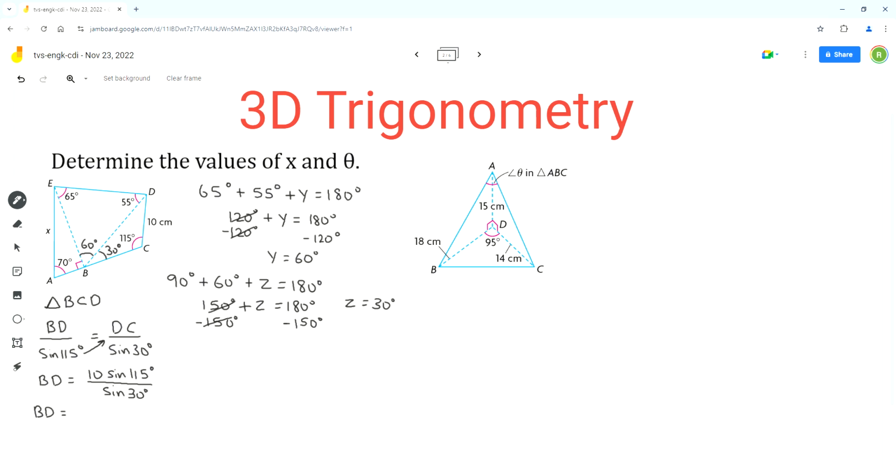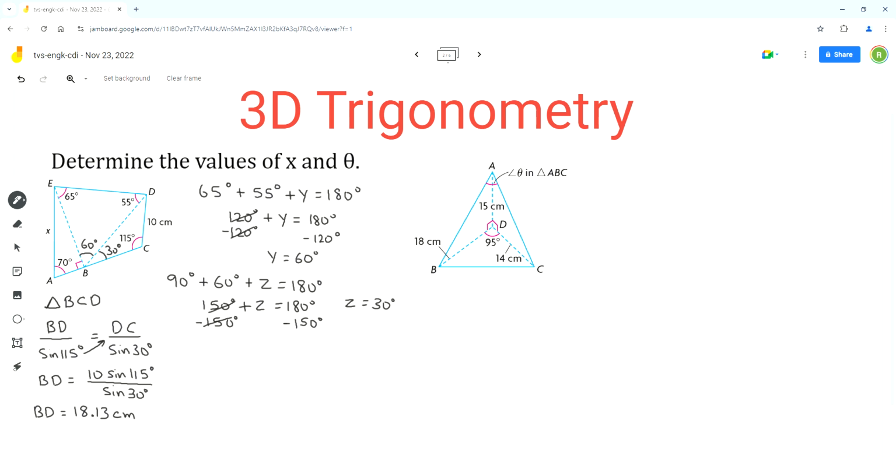Now we can evaluate this expression. I get 18.13, and the unit is centimeters. So this is the length of side BD.